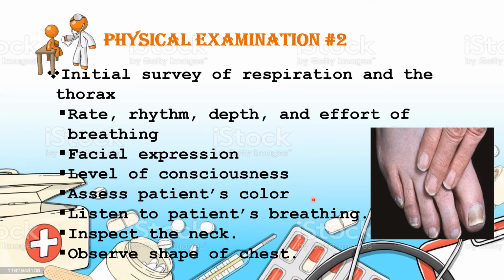There may be a bluish color, a cyanotic patient. Listen to the patient's breathing for the presence of wheezing. Inspect the neck to see if the accessory muscles, the sternocleidomastoid muscles, are being used. Observe the shape of the chest. Is there a barrel chest?